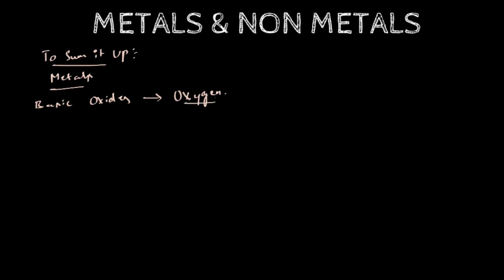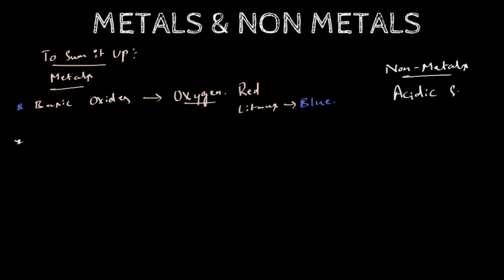If you make a solution of a metal oxide and dip a red litmus paper into it, it turns blue. Next, non-metal oxides form acidic solutions. That is, they turn the blue litmus paper red.